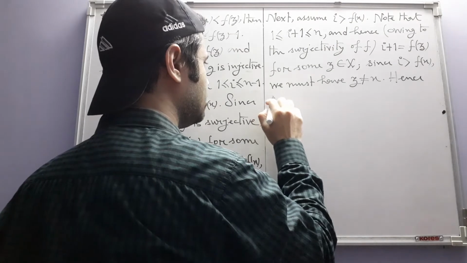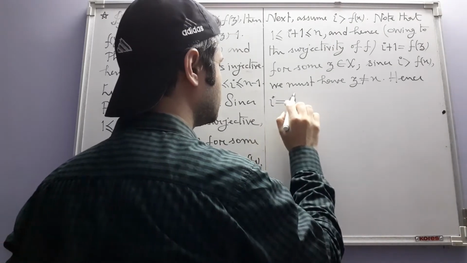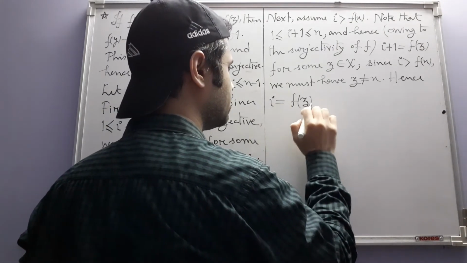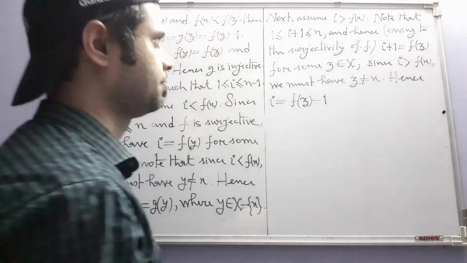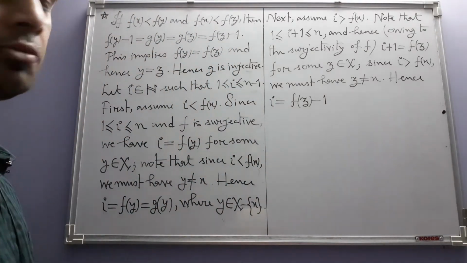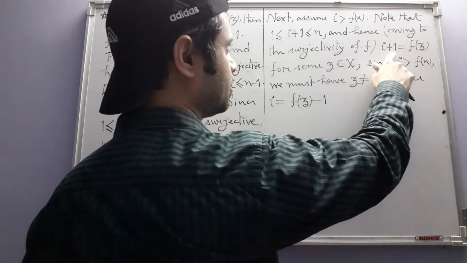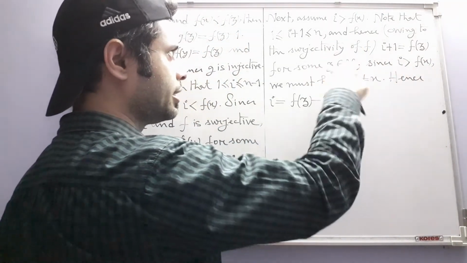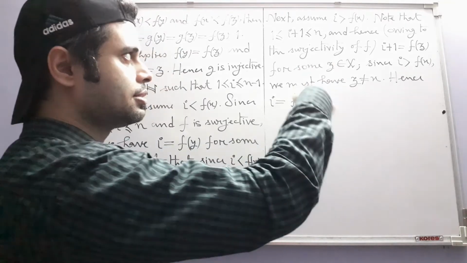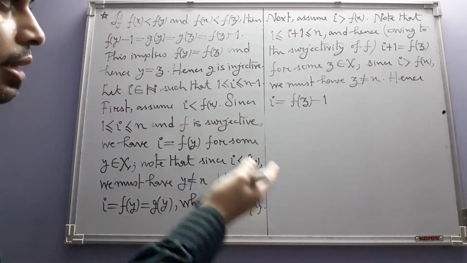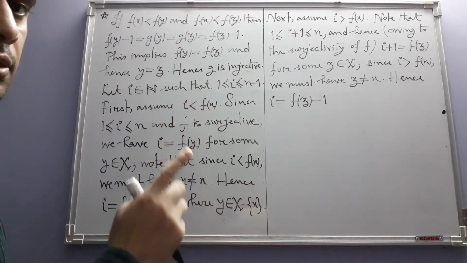Hence, I is equal to f of z minus 1. Now, what is f of z? F of z is I plus 1, and I plus 1 is greater than I, and I is greater than fx. So that means f of z is greater than fx.